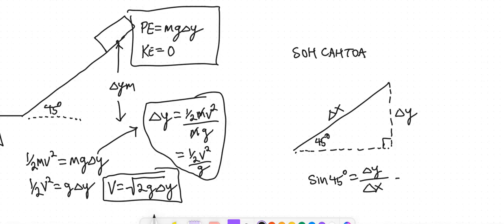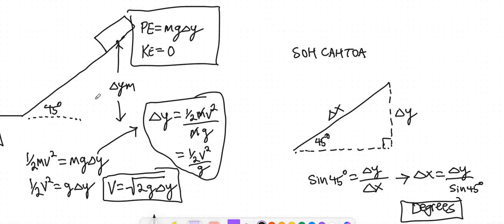We do a little algebra, and that will become delta x is equal to delta y, which you found already, divided by the sine of 45 degrees. We are not spinning in circles, so this is in degrees, and that will give you that distance along the incline. That should help you with all of these problems. If you have any questions, let me know. Good luck.